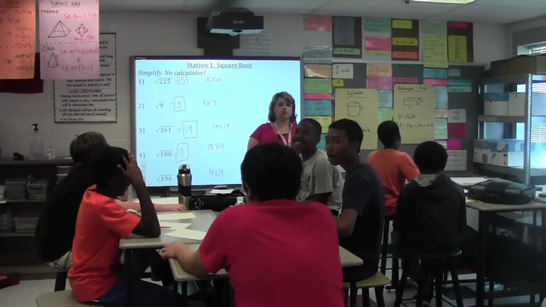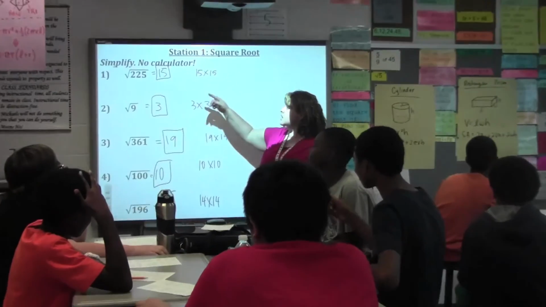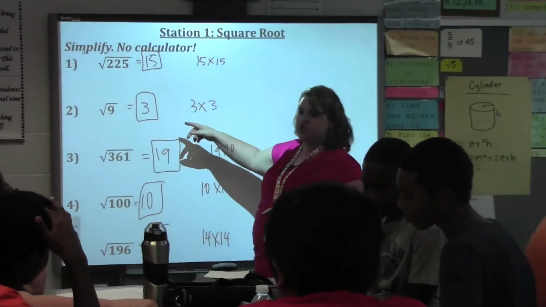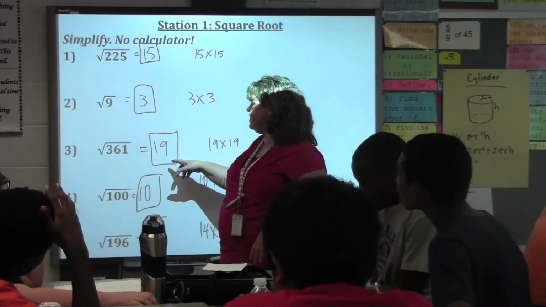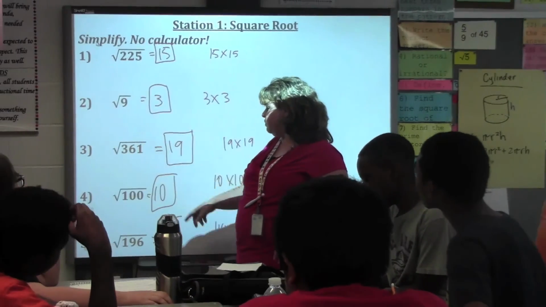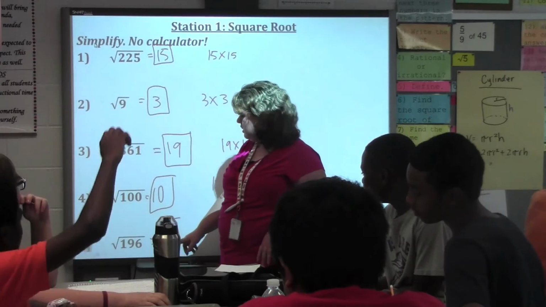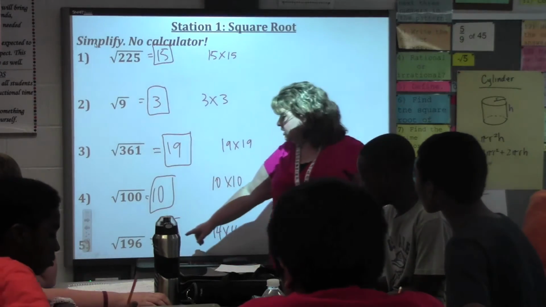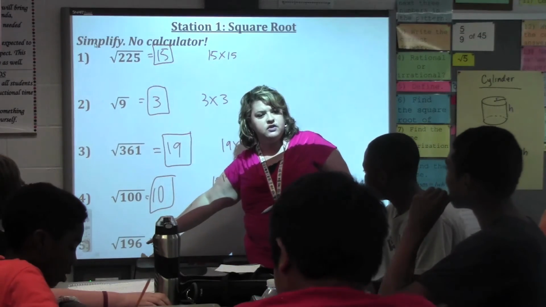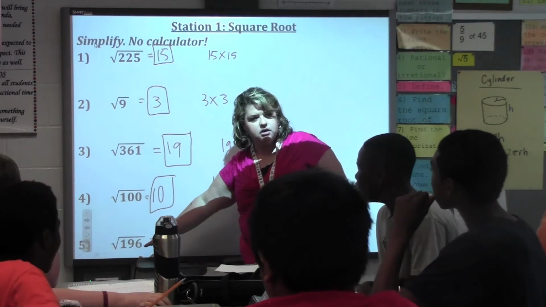Please raise your hand and we'll go over it. Number 1 is 15. Number 2 is 3. Number 3 is 19. Number 4 is 10. Number 5 is 14. Any questions? Number 5, is it an even or odd number? Even.